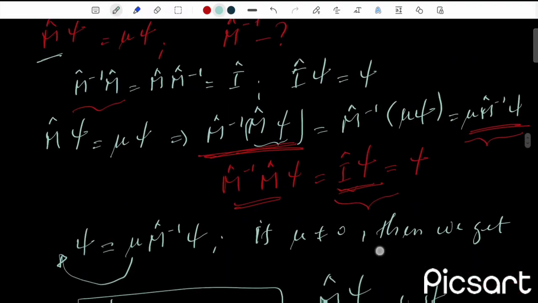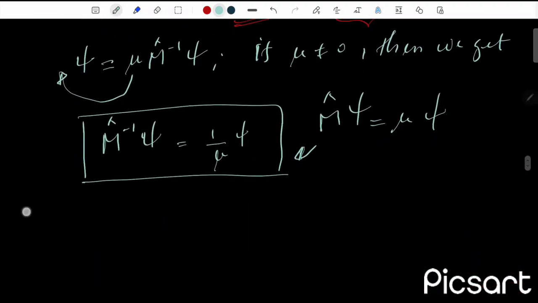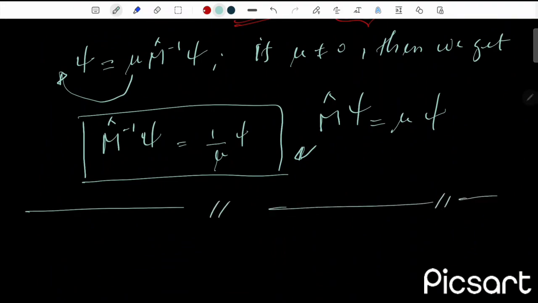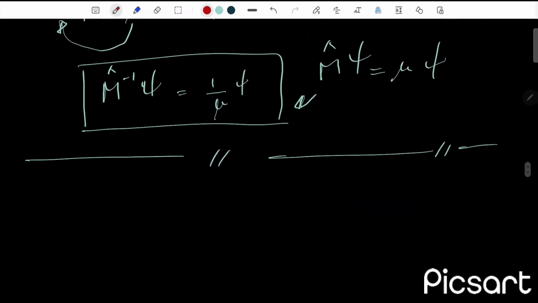Okay, we go on talking now about the inner product. What is actually the inner product? Suppose that we have two general functions, psi and, for example, phi.